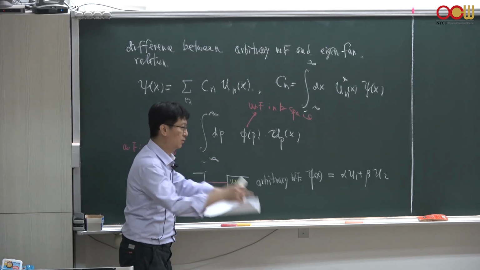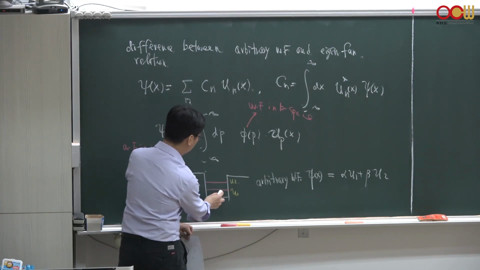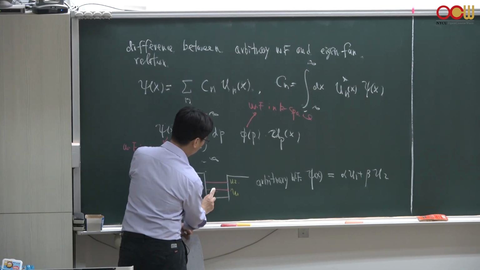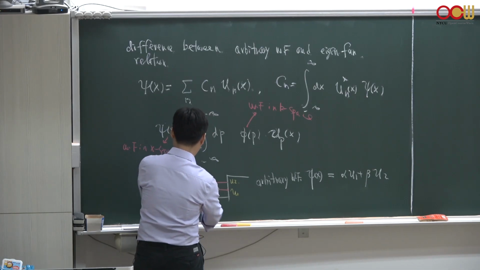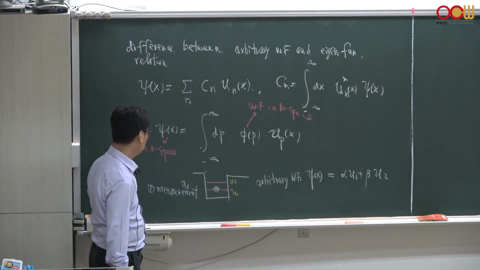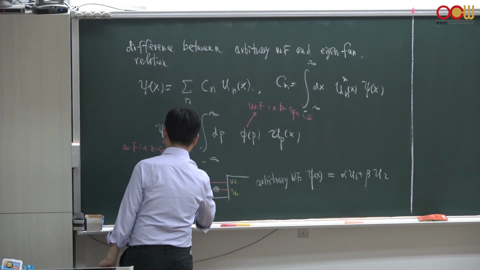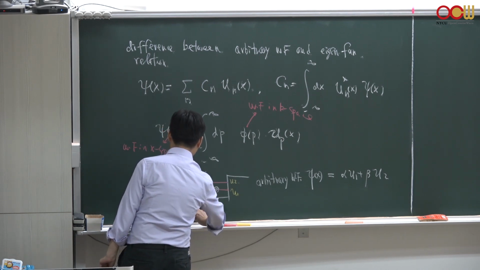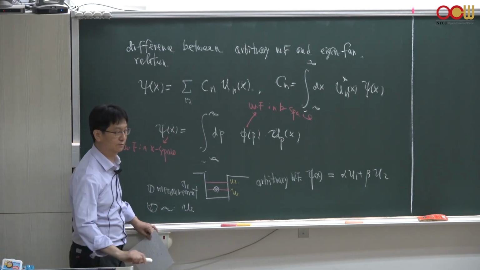Well, I use some measurement technique, and finally I get a conclusion that this particle stays at U1. Okay. Likewise, I could make a second measurement, and I find that this particle is at U2.